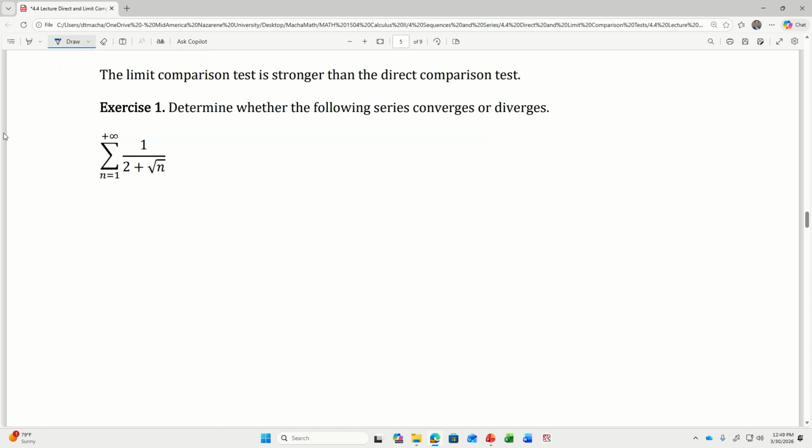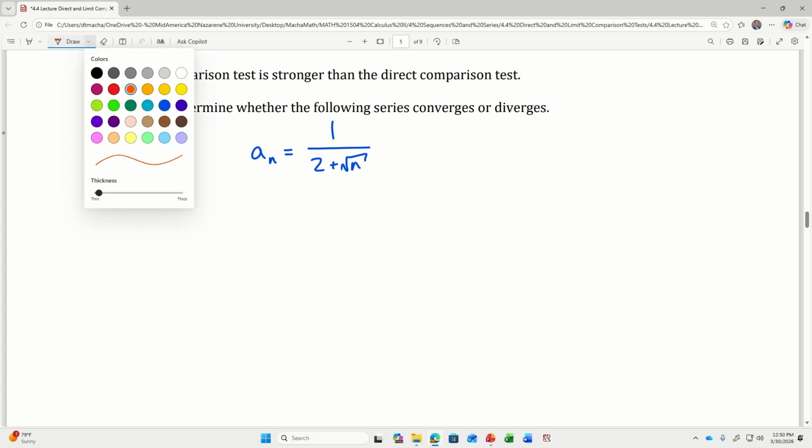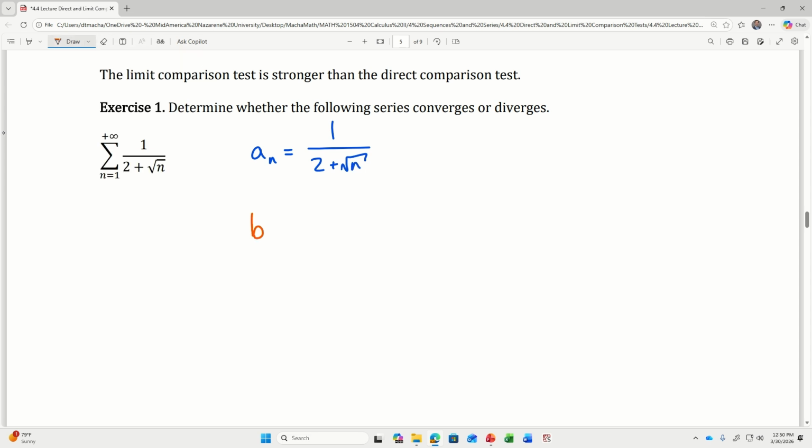Okay, determine whether the following series converges or diverges. This is the same series I showed you a moment ago when the direct comparison test did not work. But now, let's define an as 1 over 2 plus square root of n. And then, like we did before, we'll say that bn is just 1 over square root of n.